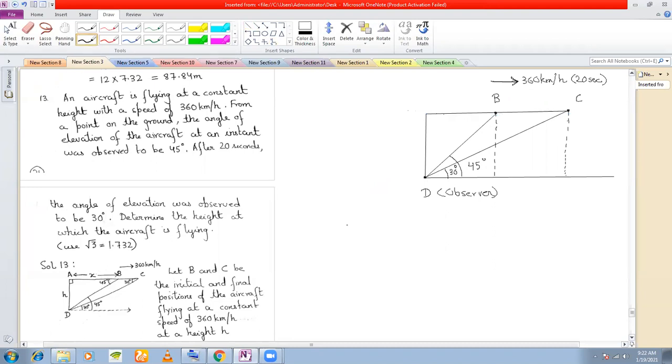This diagram looks like type 1 rotated by 180 degrees, isn't it? Such that this angle is my 45 degree alternate angle and this angle is my 30 degree. So this diagram looks somewhat like this. I draw a rough sketch.